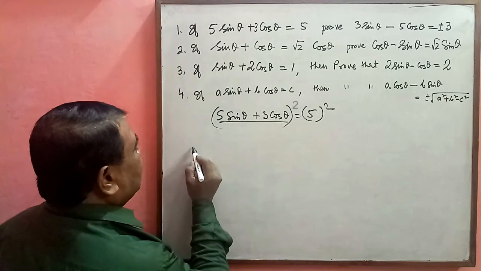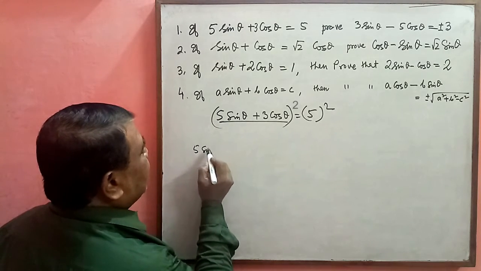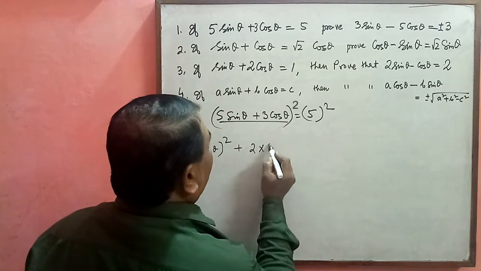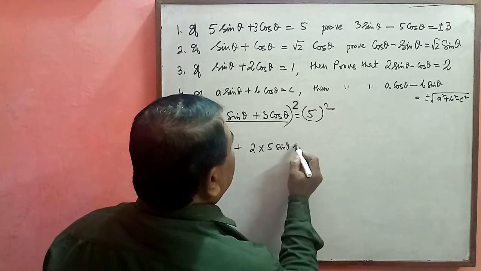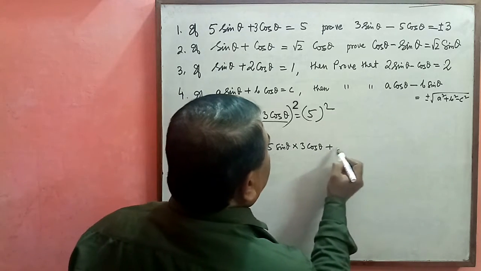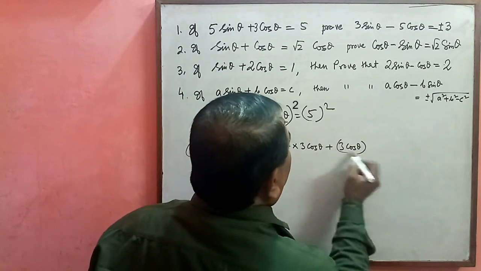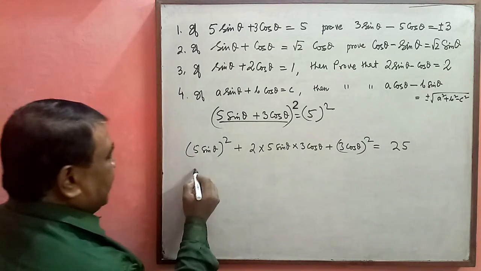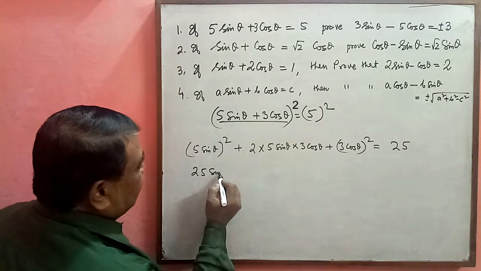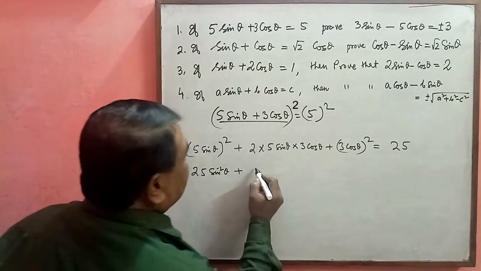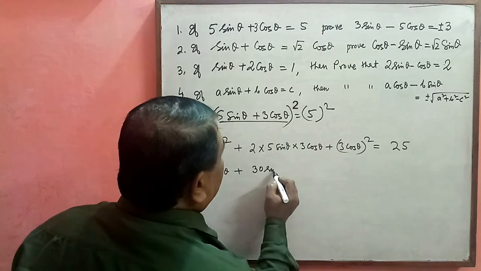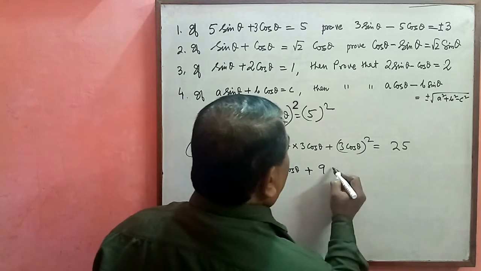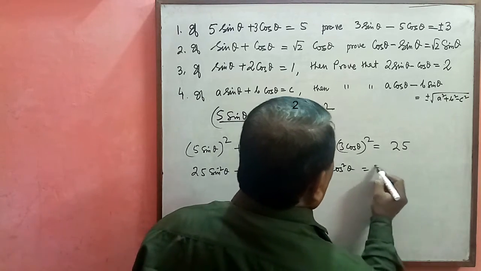A square means 5 sin theta whole square plus 2 into 5 sin theta into 3 cos theta plus 3 cos theta whole square. This is 25 sin square theta plus 30 sin theta cos theta plus 9 cos square theta is equal to 25.